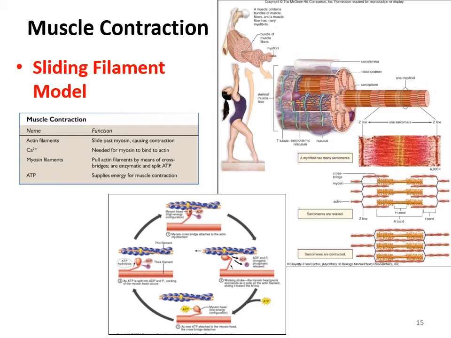Again, sarcomeres are the unit of contraction, which you saw in the other slide, that alternating Z H Z band. Now with the sarcomere shortening, basically what happens is you have actin filaments sliding past the myosin filaments, because again, think of the actin as the water swishing past your boat, and that allows the myosin and the actin to now approach one another.